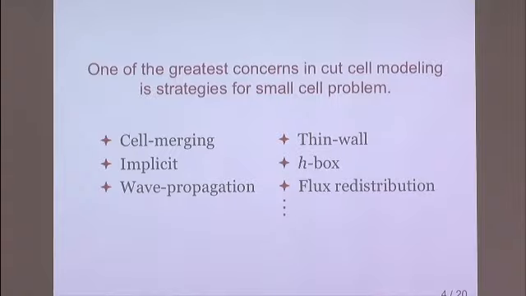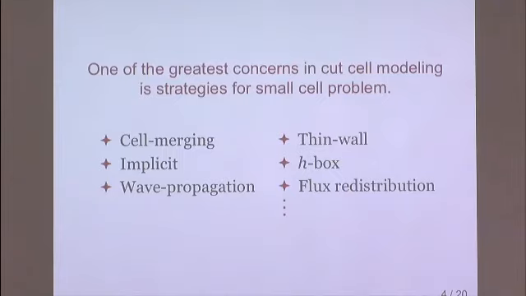Here I have listed some of the approaches that have been proposed to avoid this small cell problem. So far, all these approaches gave good results, but each method has certain advantages and disadvantages, with different levels of complexity and accuracy.